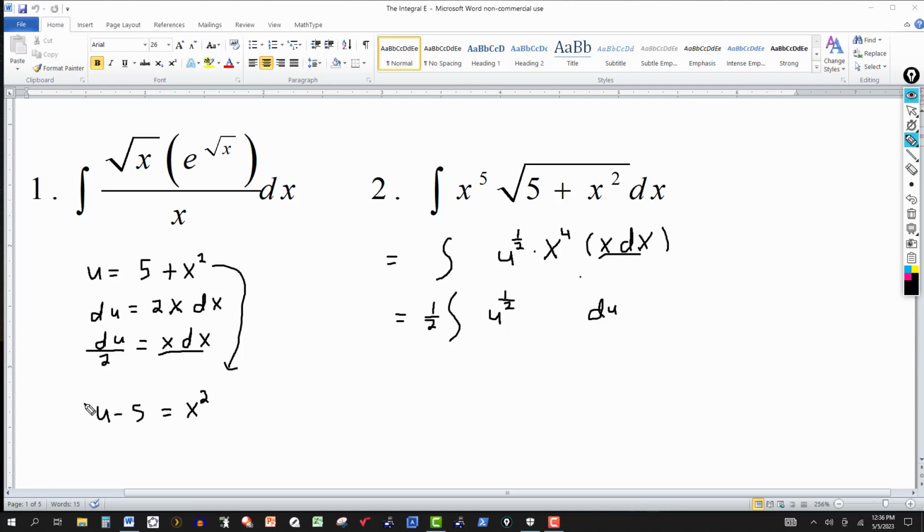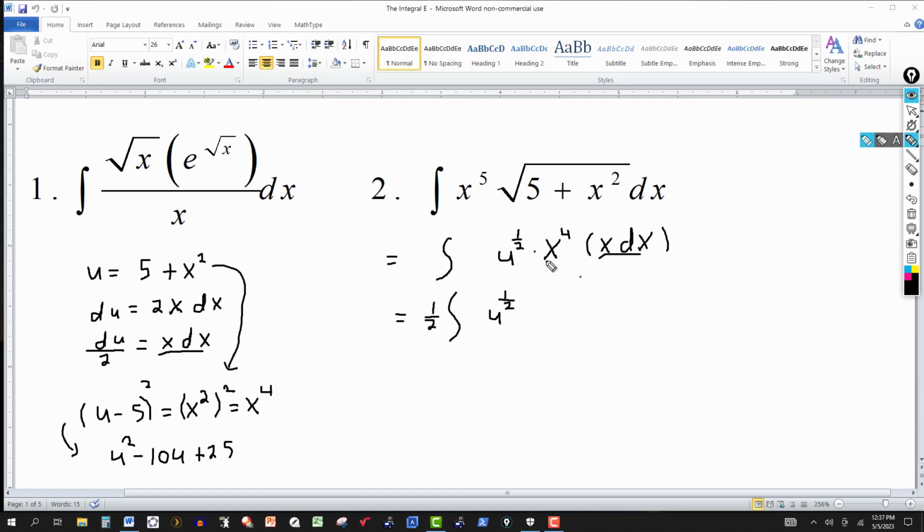Well, if I take the square of both sides here and here, this would tell me that x to the 4th can be replaced by u minus 5 to the 2nd power. And of course this is equal to u squared minus 10u plus 25.